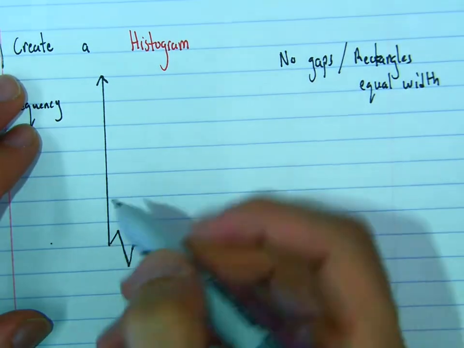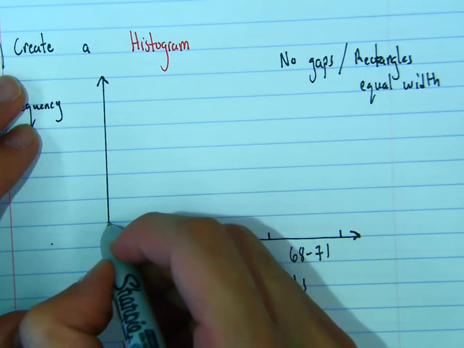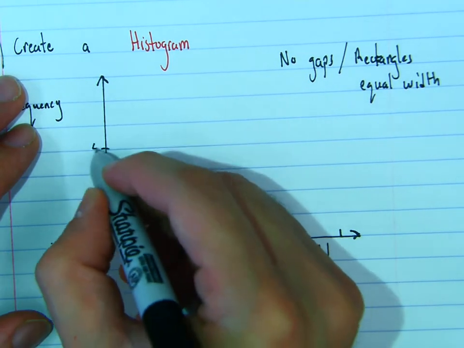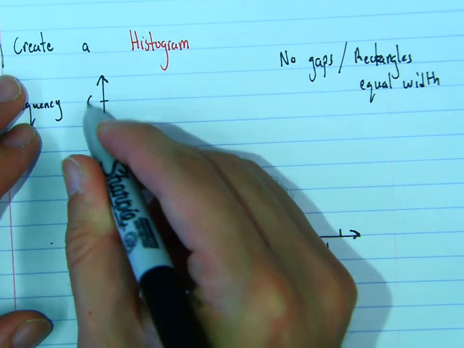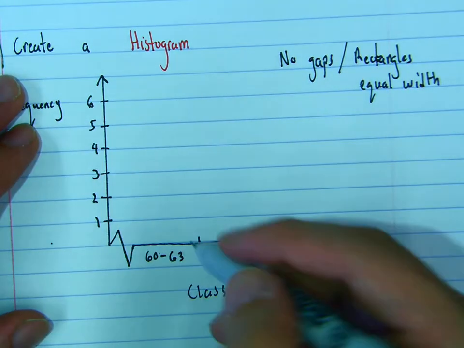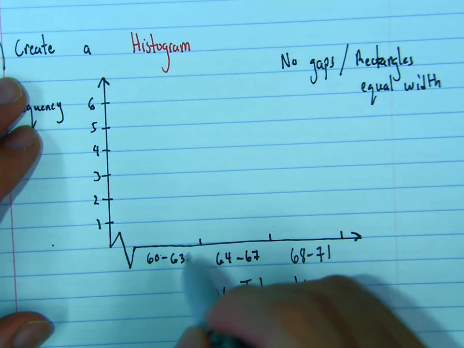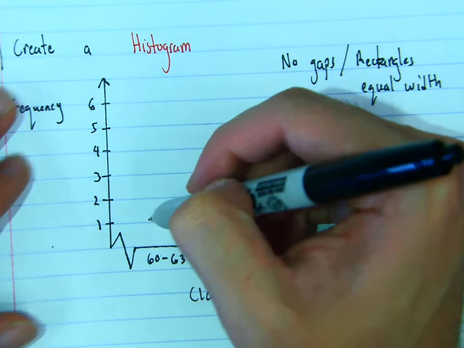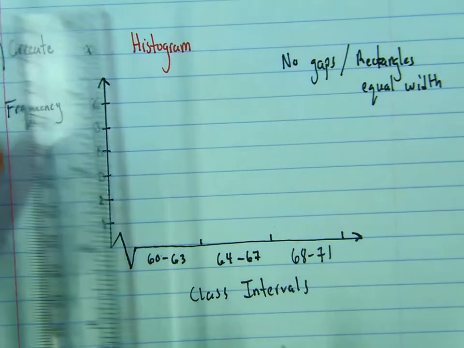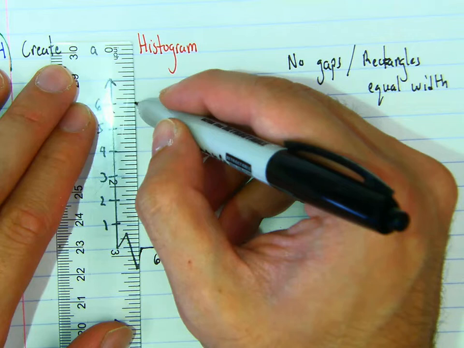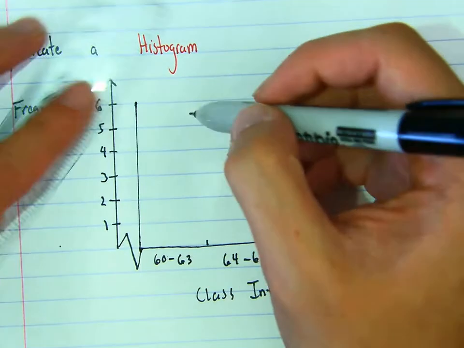Then my frequency would be, let's see, 1, 2, 3, 4, 5, 6. How many people were between 60 and 63 inches tall? It was 6 people. So make sure, don't cheat, use your ruler, make nice rectangles just like this.